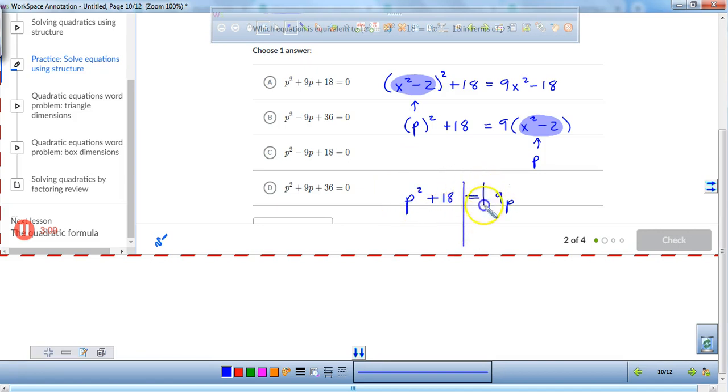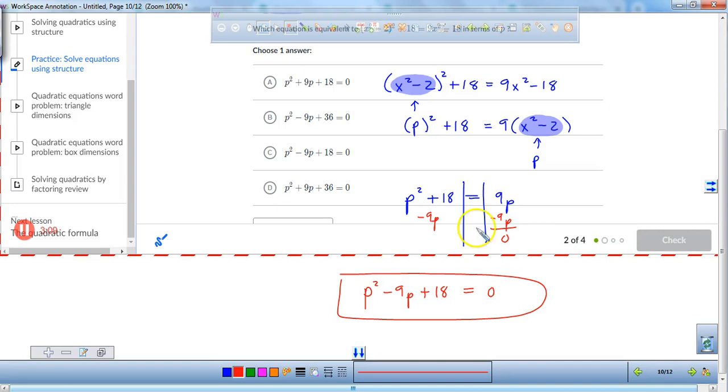So I simply take away 9p on this side and take away 9p on this side, and your final answer will be p squared minus 9p plus 18 equals 0. So I'm going to choose answer C on this particular one. All right, let's go over real quick.